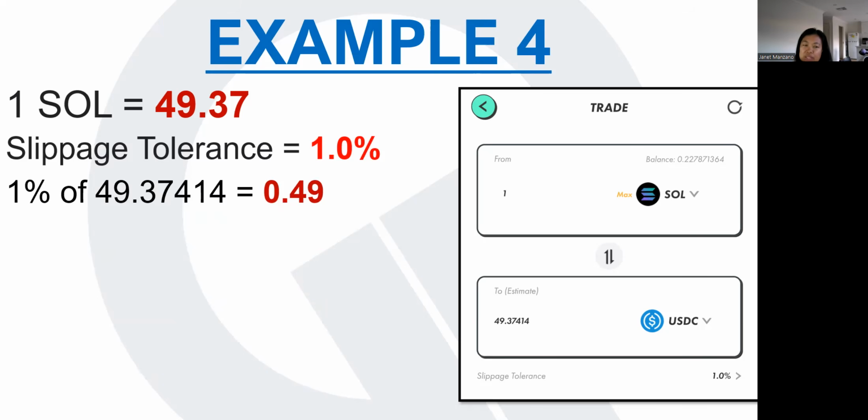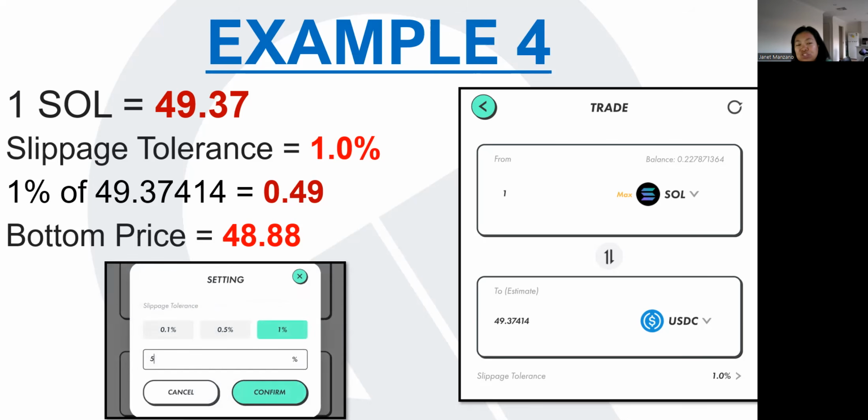So we just rounded it to 2 decimal places to make the example easier to understand. So it means the lowest price that I can get is 48.88. So if that becomes 48.87 or anything lower than that, it means the transaction is not going to happen and I don't need to pay any transaction fees.